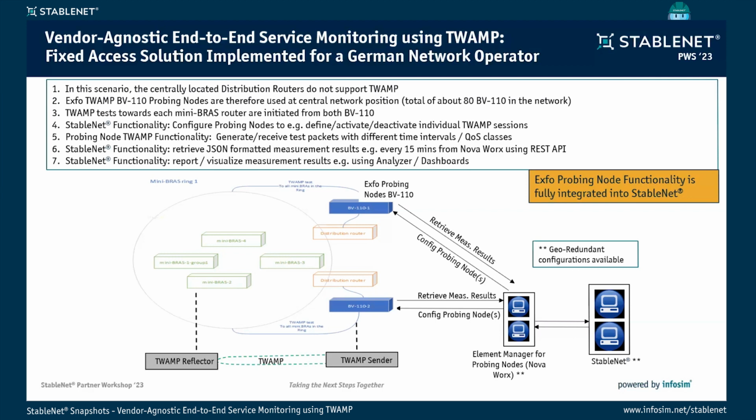And the test packets get inserted into the network and get reflected by these mini broadband bursts you can see at the left-hand side of the figure, and get reflected back to the TWAMP sender. And once again, the measurement results get passed on to NovaWorks. And for this implementation, StableNet retrieves JSON formatted measurement results from NovaWorks every 15 minutes, for example, using REST API functionality, and then reports and visualizes the measurement results.